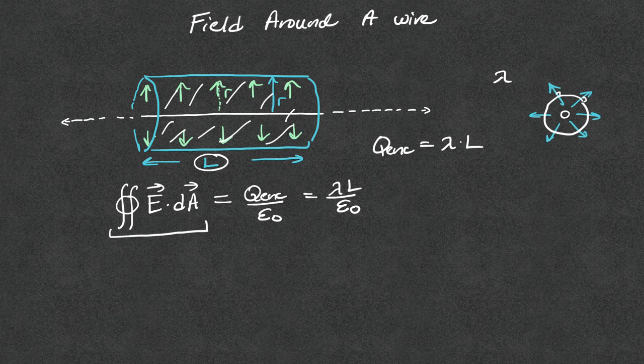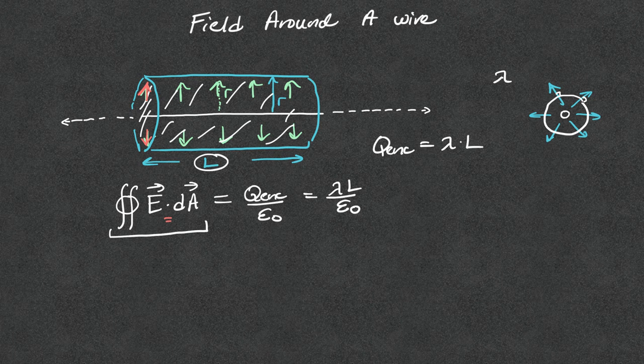The other thing to notice is on the end caps, the electric field is parallel to the surface, and you can see that right over here. I'll highlight it in red. The electric field is parallel to the surface, and therefore, even though the electric field exists on that surface, there is no flux because the dot product is 0.